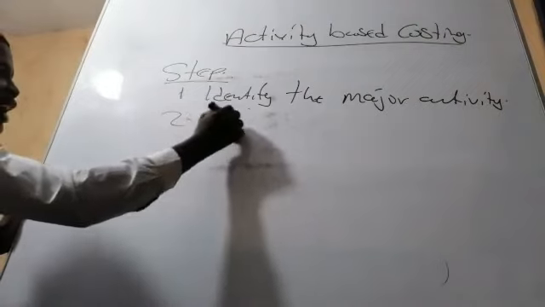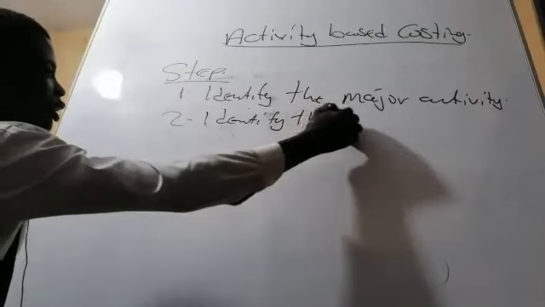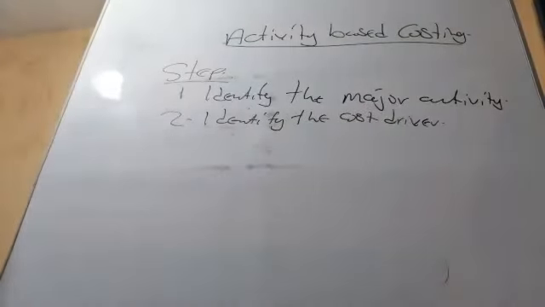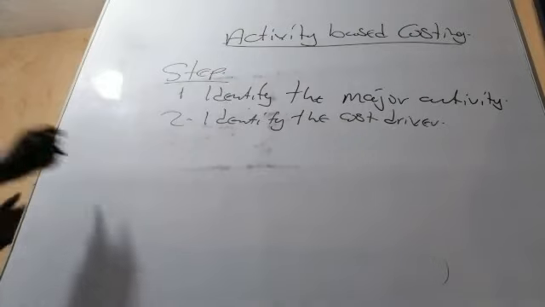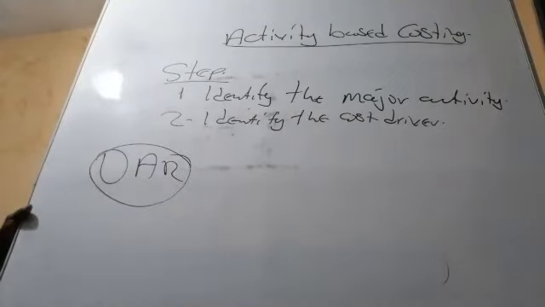So identify the cost driver. For machine running costs, what will be the cost driver? Something that will result in more machine running costs. The cost drivers are normally the basis. Under overhead absorption rates, the basis that we talk about is the driver.